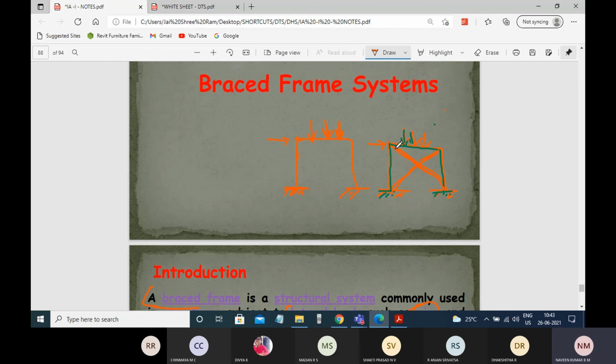So the purpose of beams and columns is to resist only the vertical loads.